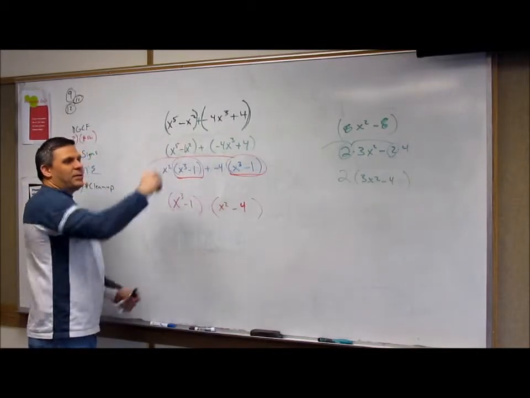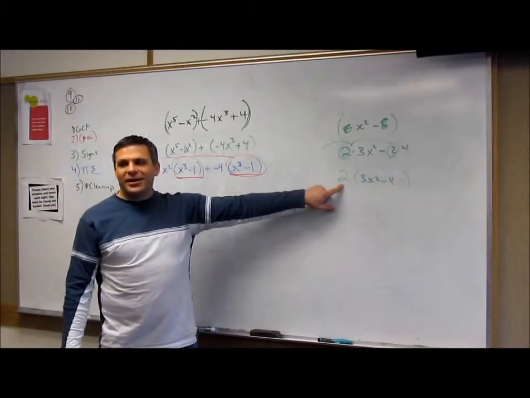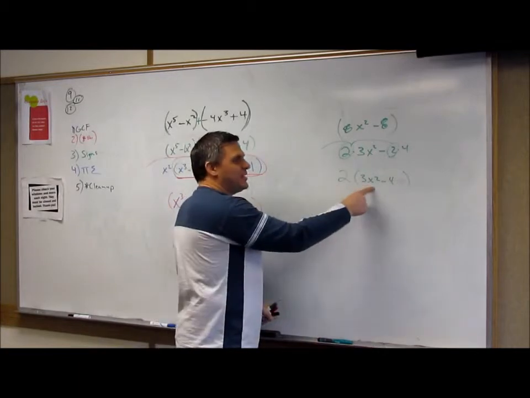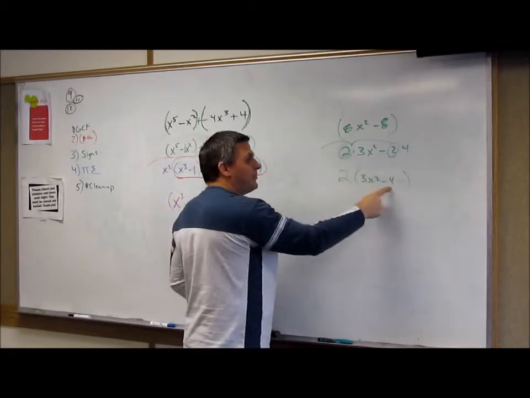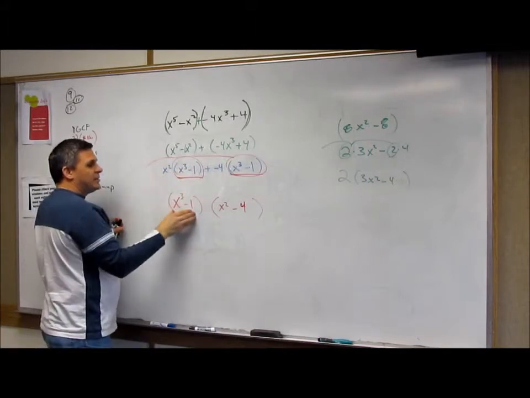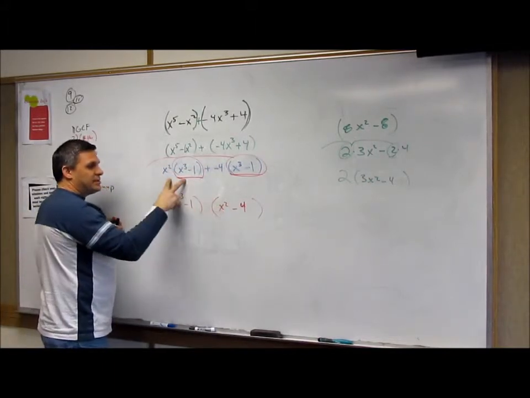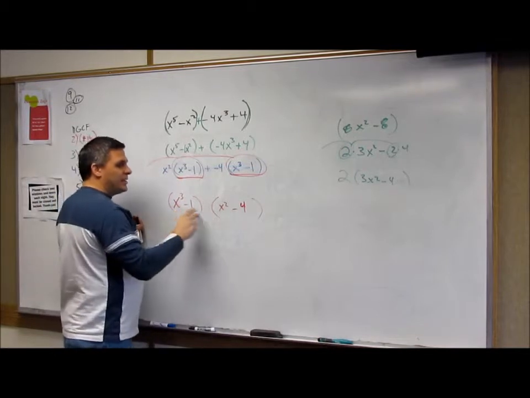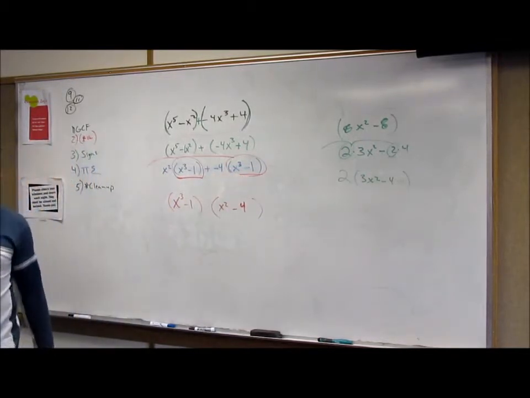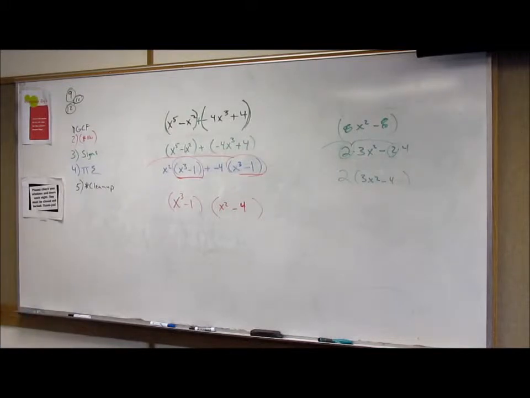I'm pulling them out. It's just like this 2 isn't squared, right? Okay. I pulled them out of both of them. So then I'm saying 2 times 3x is this. Right. 2 times 4 is this, right? Same thing. This times this is this. And this times this is this. Okay. So I'm doing the same thing. Good question. Okay?